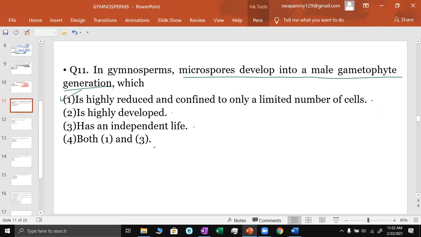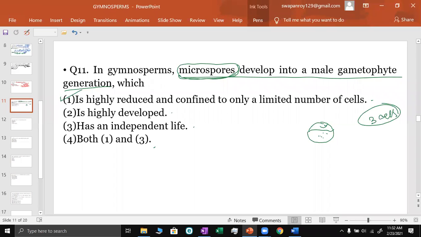This is not highly developed. When the microspore develops, it produces one prothallial cell, a generative cell, and tube cells. So altogether about 3 cells.